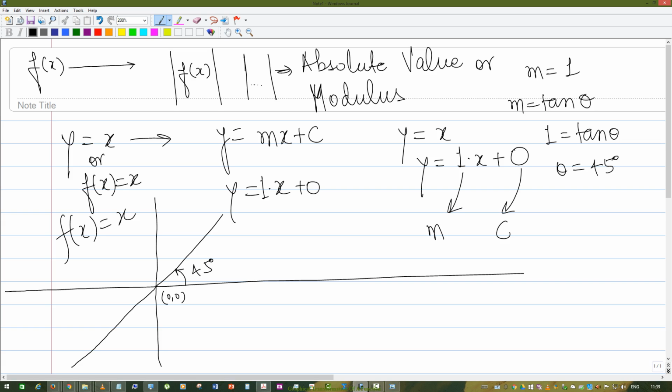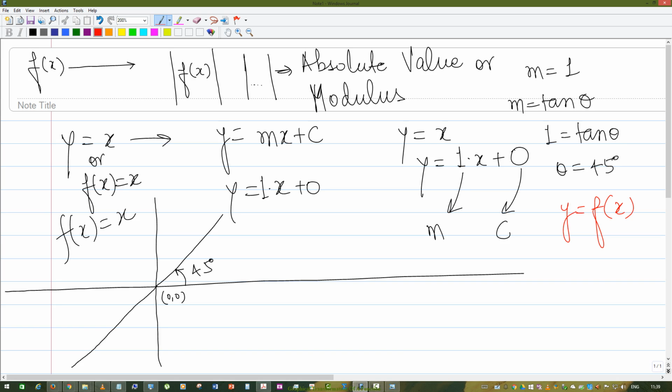To represent a function, we always use the notation y is equal to f(x). This is a function of y in terms of x.